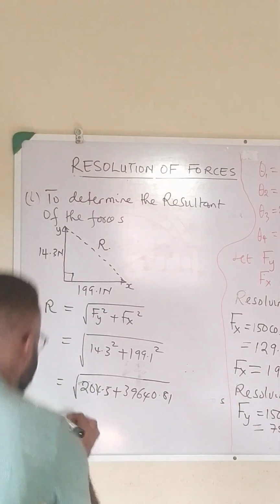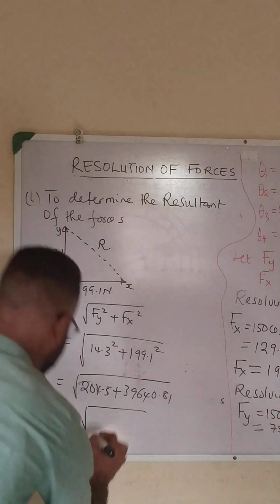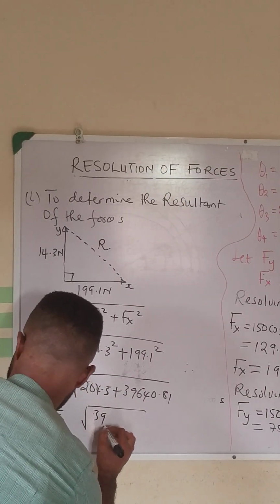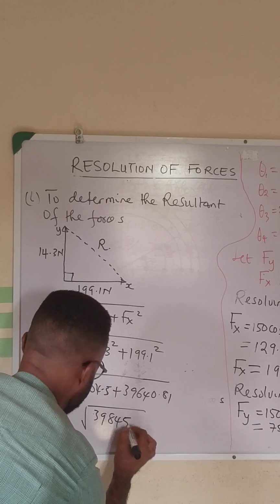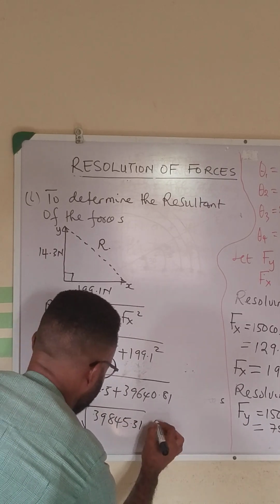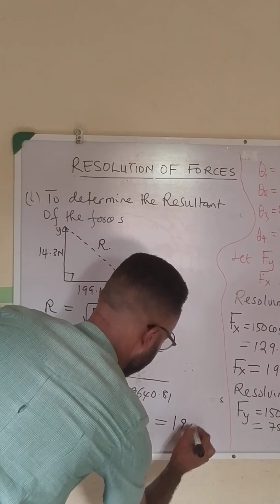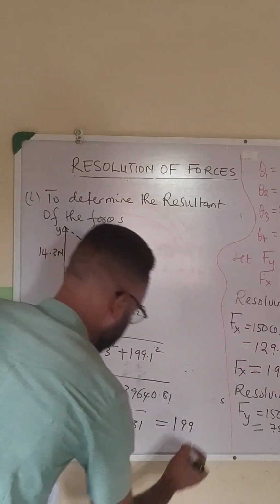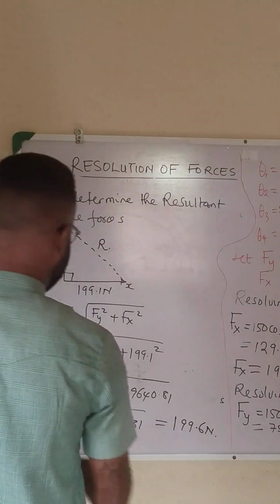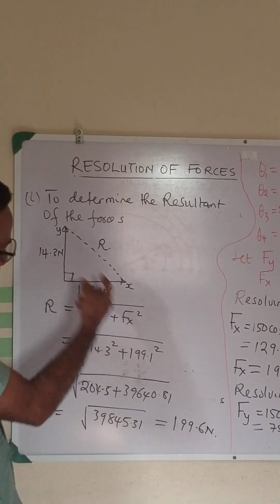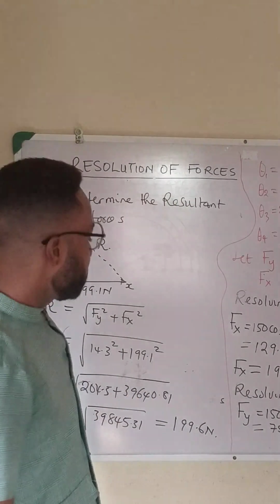When you add this to this, we are going to have a resultant equal to 39845.31. When you find the square root of this, it will give you 199.6 Newton. So the resultant of these two forces will be 199.6 Newton.